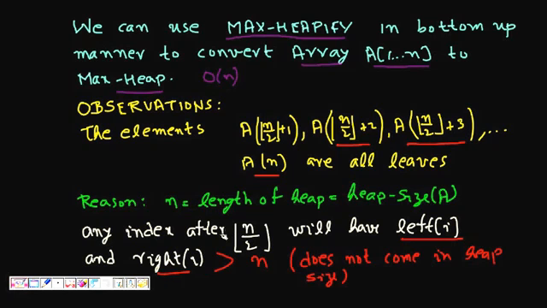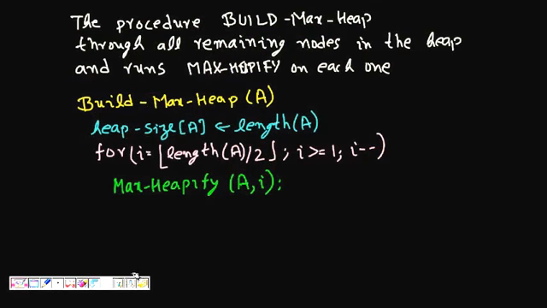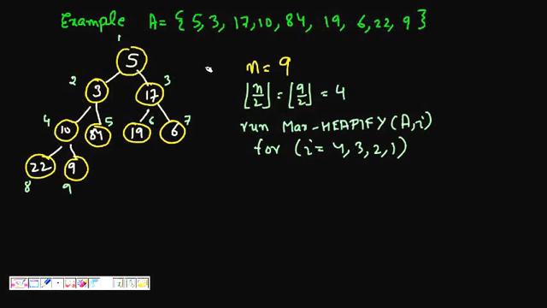So all the nodes with indices greater than floor of n by 2 will have no children, and hence they will be the leaves. So this is an important observation. So all the elements a n by 2 plus 1, a n by 2 plus 2, and so on till a n, they are all leaves in the heap. We will see it with one example also.